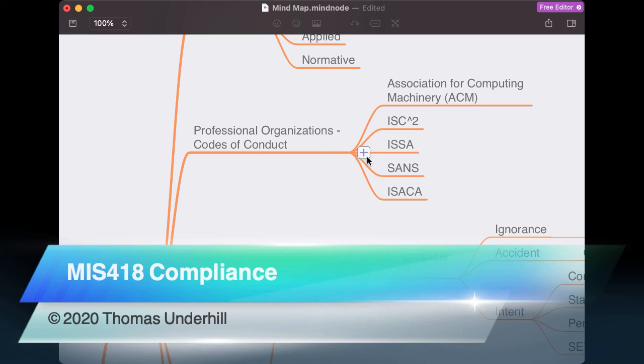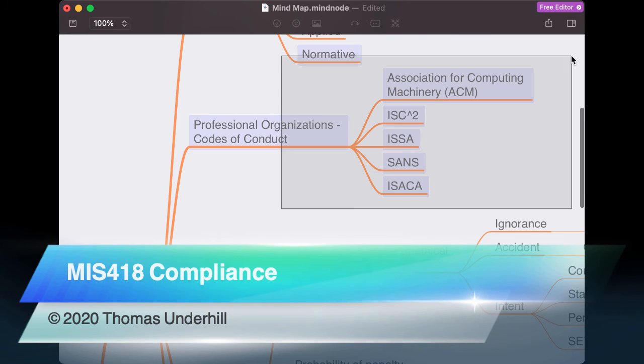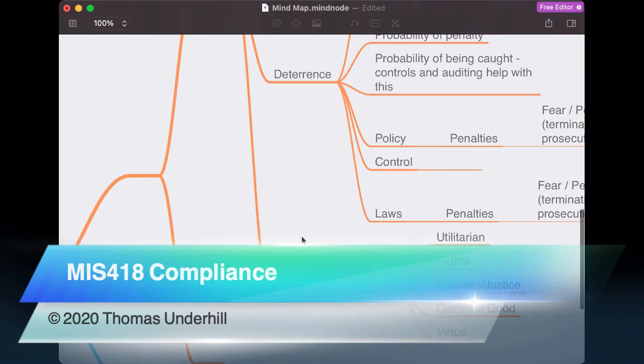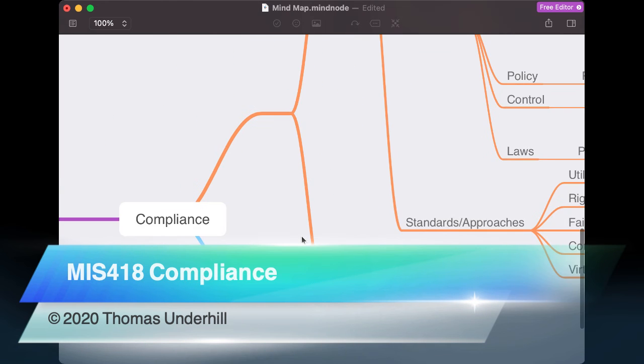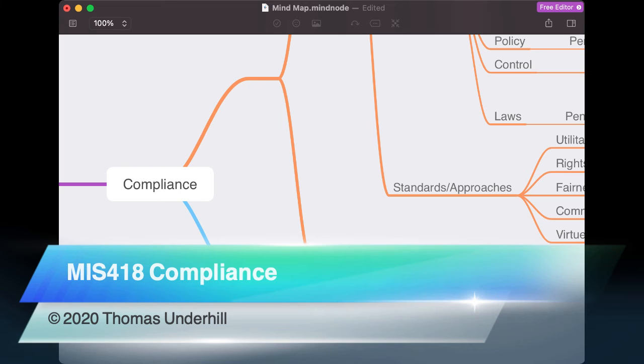In other fields outside of this realm, there are similar things, with doctors and lawyers and so on. All right, so now we've got ethics. Let's talk about law. There are different types of laws.